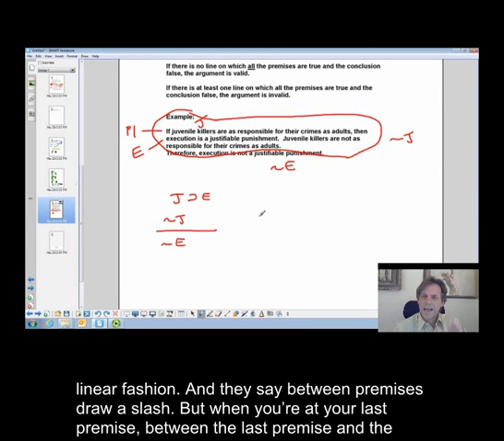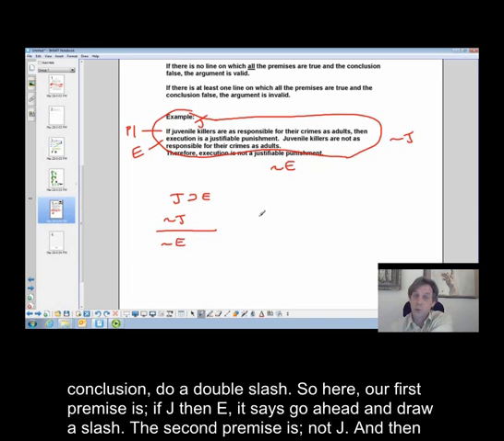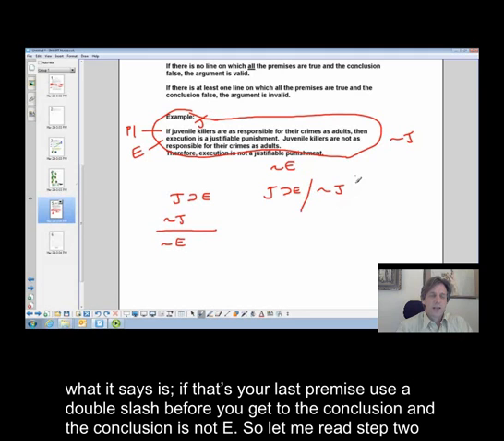But between the last premise and the conclusion, do a double slash. So here our first premise is if J, then E. It says go ahead and draw a slash. The second premise is not J. And since that's your last premise, use a double slash before you get to the conclusion, and the conclusion is not E.